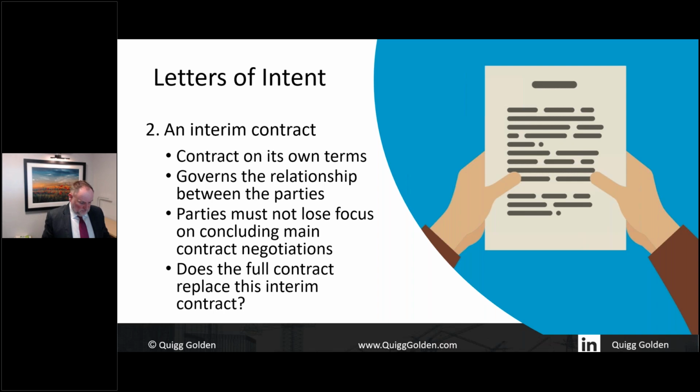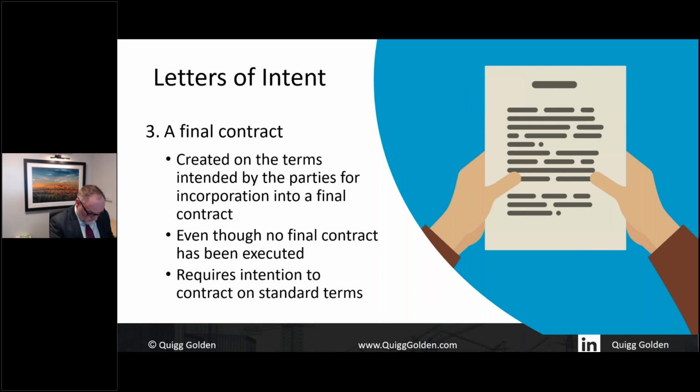So this is the most common sort of situation. It's an interim contract, or it's a contract saying if we don't enter into a contract, then we will pay you for certain works that you've actually carried out. However, the courts have given a couple of warnings in relation to this.